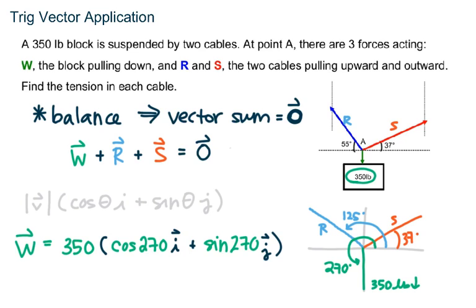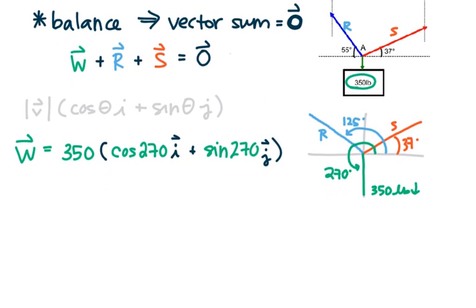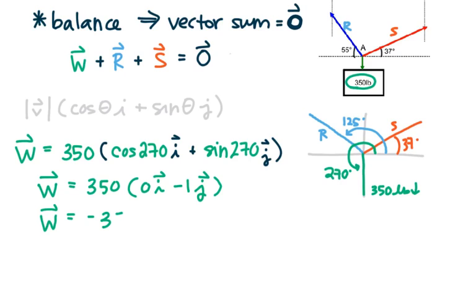Now in this situation, since I know the cosine and sine values for 270, I can simplify and write my W vector as 350 cosine 270 i, that would be 0 i. Sine of 270 would be negative 1 j. So we have our W vector here that we're going to need to use, but we also need the R and S vectors.